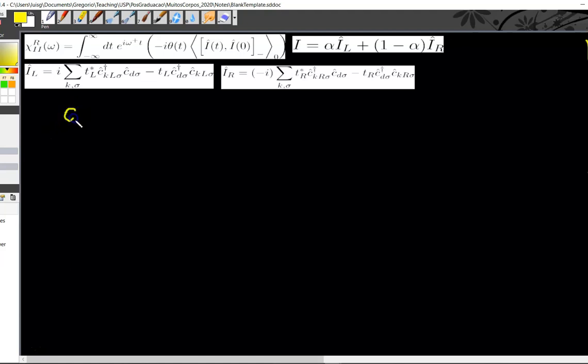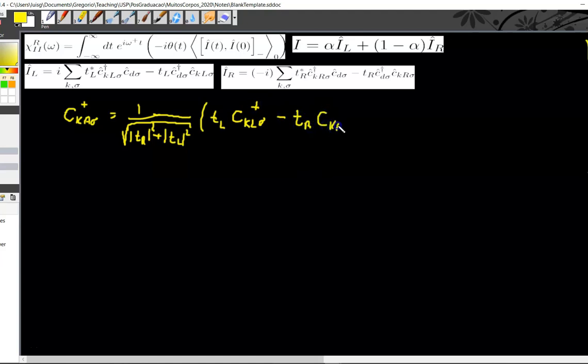I can define this operator, C_{kA}, A for antisymmetric, as the following: 1 over the square root of T_R squared plus T_L squared, times T_L times C_{kL} minus T_R times C_{kR}.